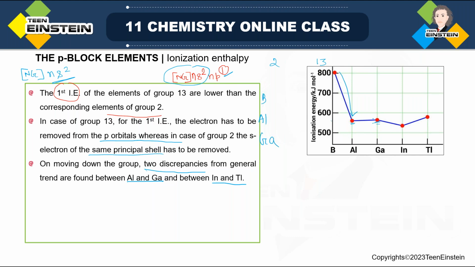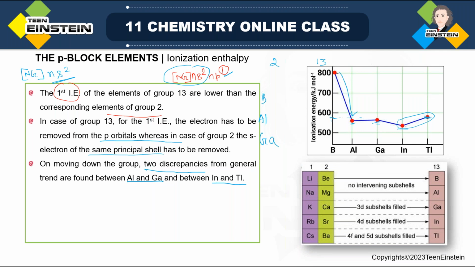So it is around here, but if you draw a dotted line, it will be slightly greater. Then again we have some discrepancy in between these two. So from indium, when you are moving to the next element, basically what should happen? There should be a decrease, but here you can see clearly this value is high. So these two are the discrepancies that we observed in this trend.